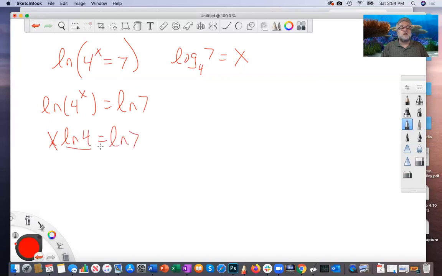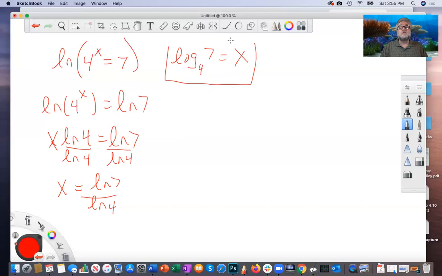And remember, ln 4 is just a number, just like ln 7 is. So I can solve for x by dividing by ln 4. So I get x equals ln 7 over ln 4. That's kind of interesting. This doesn't help us terribly, but we're going to keep this in mind.